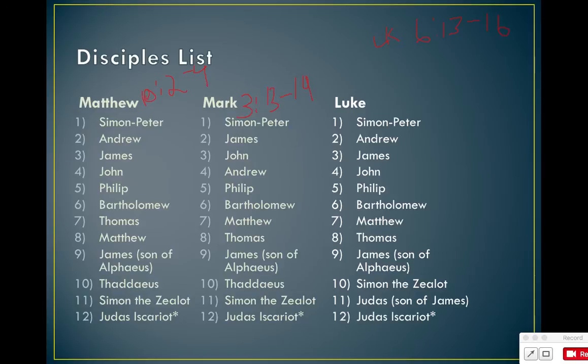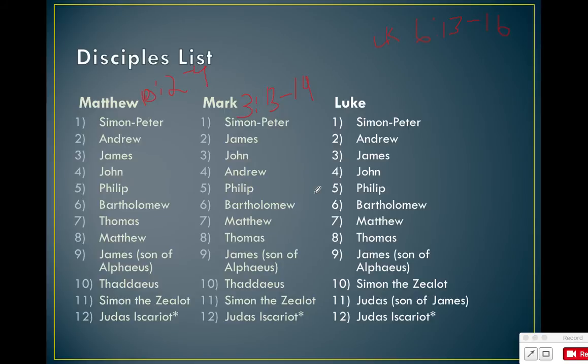So I want you to take a look at this list, and to yourself, if you were in class, we would be talking about this out loud, but I want you to look at this list here, and I want us to see some similarities, differences, things like that.